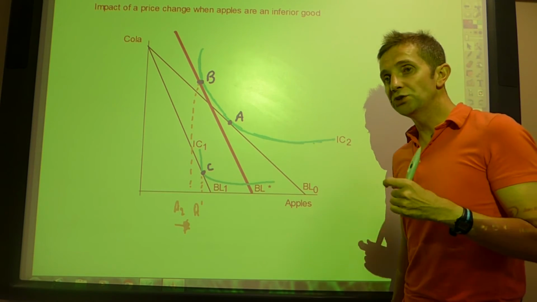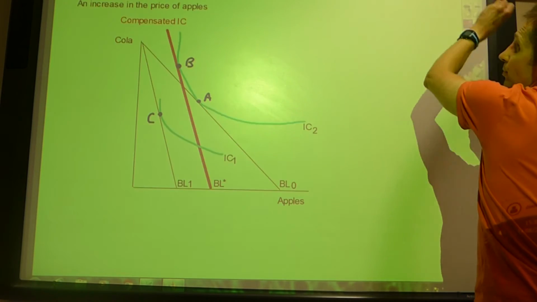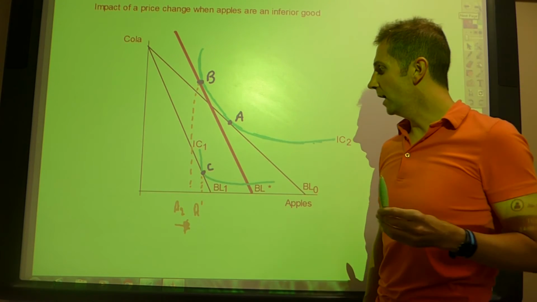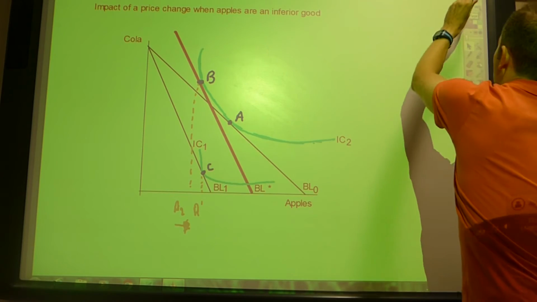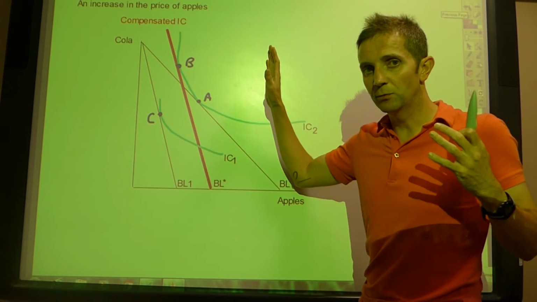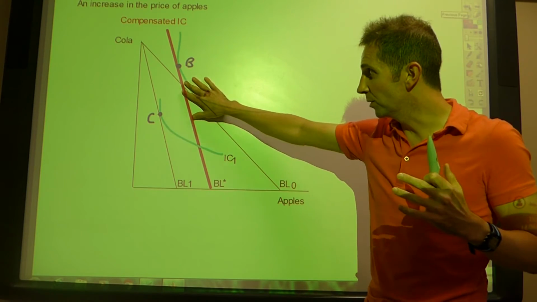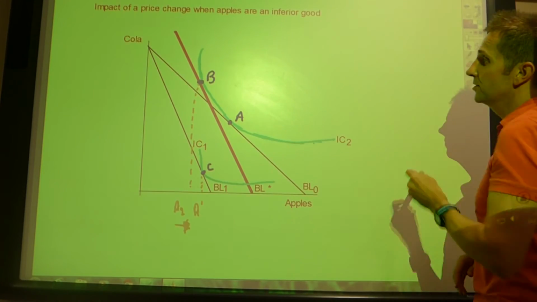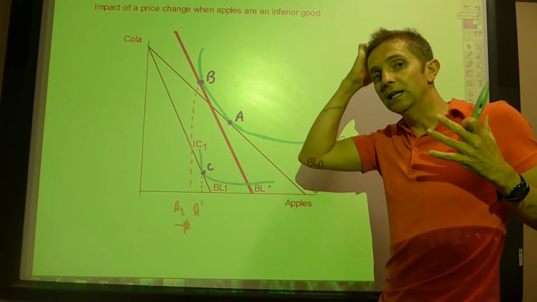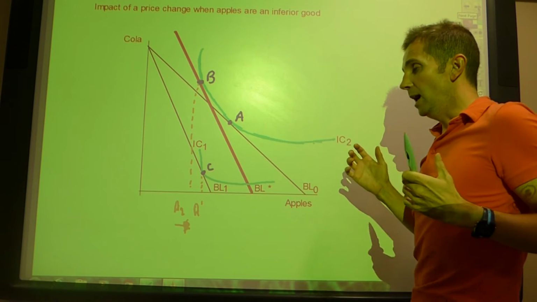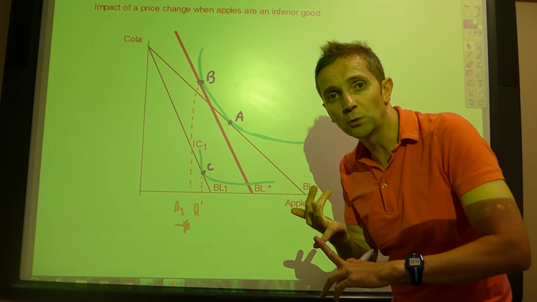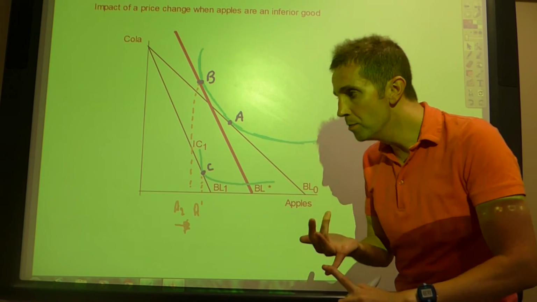This is where things change from our previous diagram, where we had, I'll just bring that up again, where we moved from B to C, because we were assuming that apples in this instance were a normal good. Now we're assuming that the apples in this instance are an inferior good. And we said that an inferior good was one after which the price has gone up, you consume more of it.